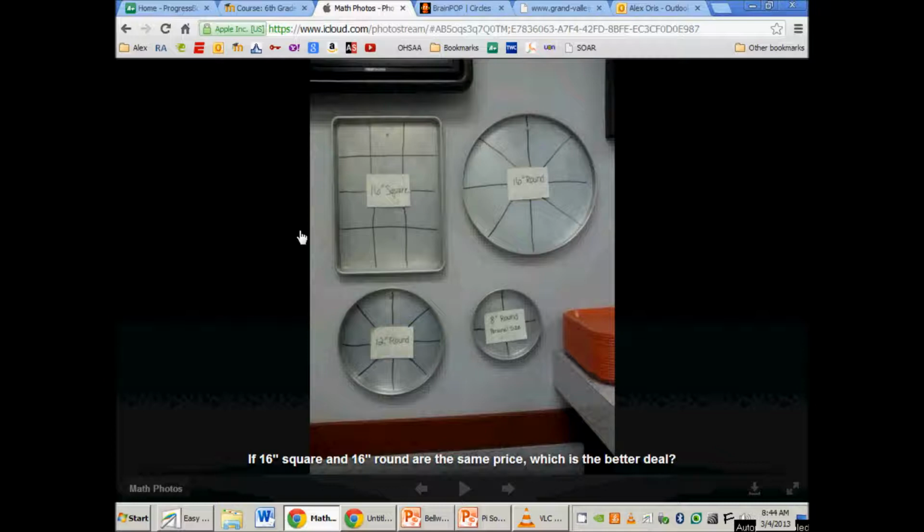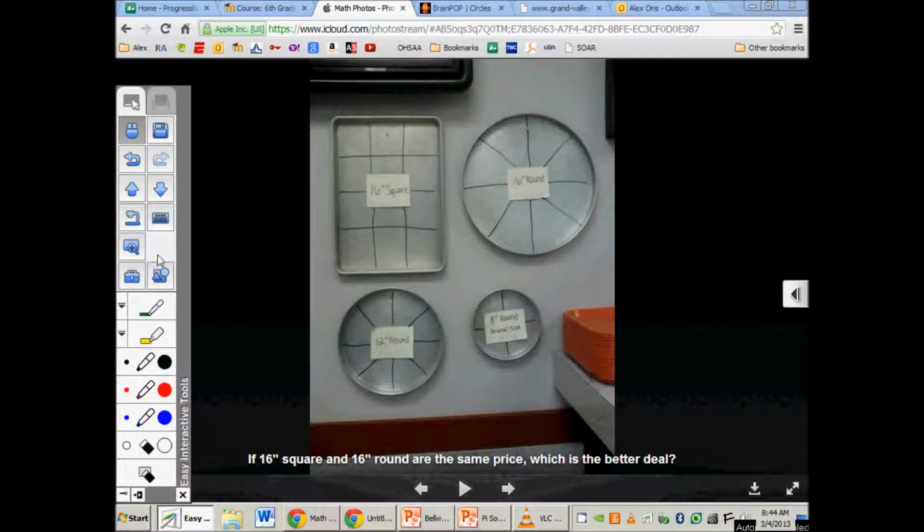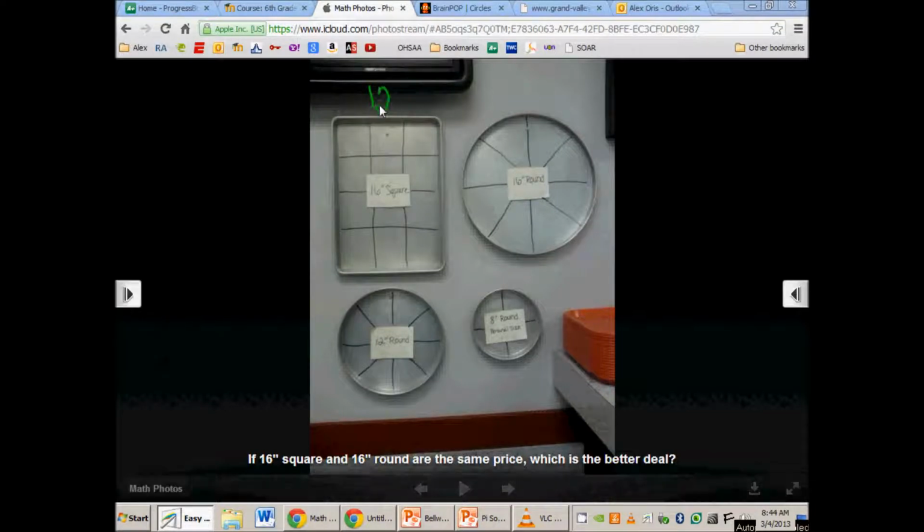They call it a 16-inch square, but this is actually the dimensions. If you wanted to find your area, a little measuring says, well, this is a 12-inch side, and this is 18 inches. So how would we find the area of a pizza if it's 12 by 18?